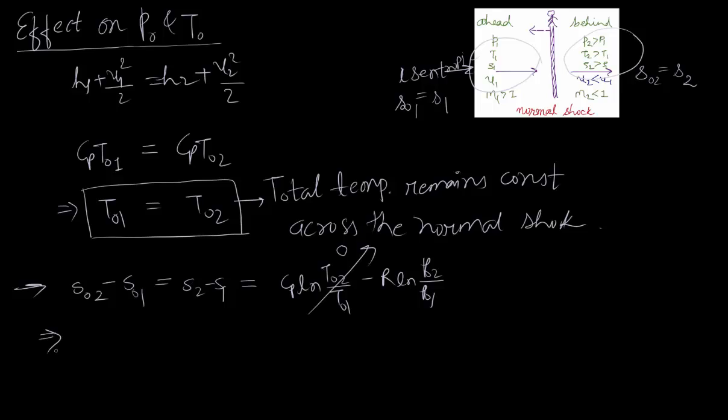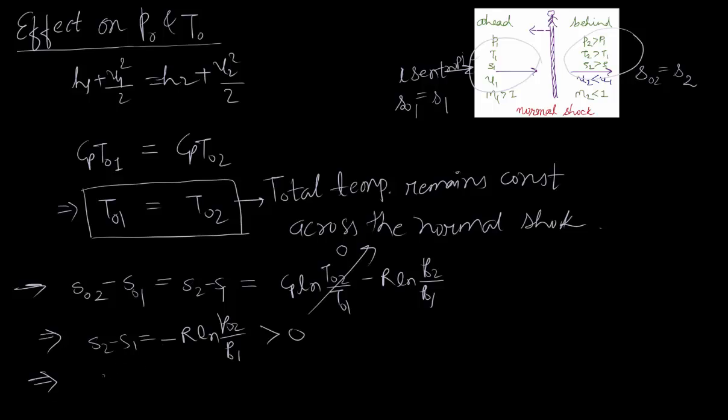Therefore S2 minus S1 will be equal to minus R ln P02 by P01, and from this equation, since S2 minus S1 is greater than 0, therefore minus R ln P02 by P01 will also be greater than 0.